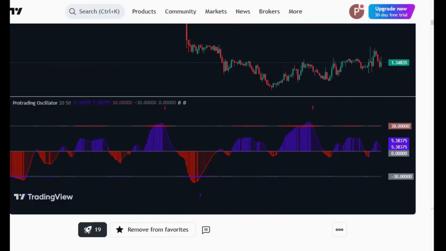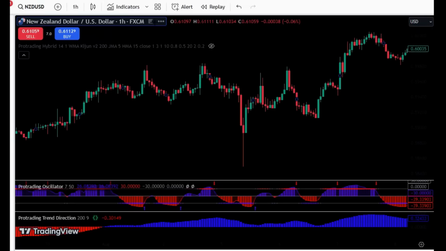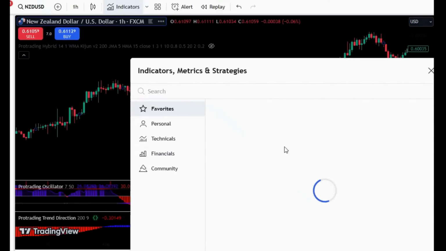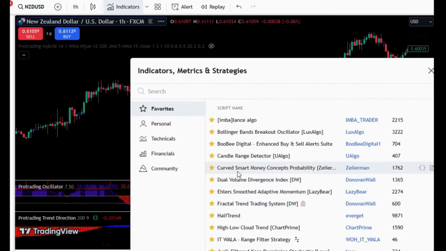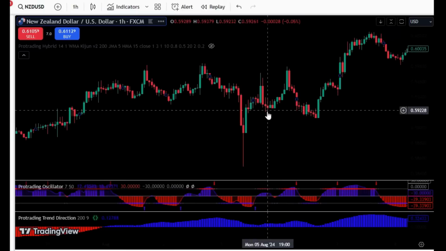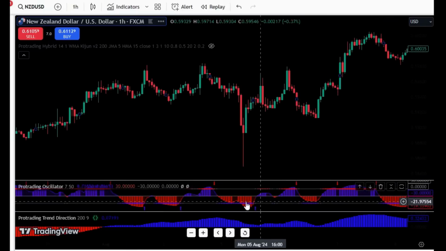Once that is done, you go to your TradingView account, you click on the indicator button, and you'll be able to see the two indicators added to your account. All you need is to click on them and they will be added to your chart.